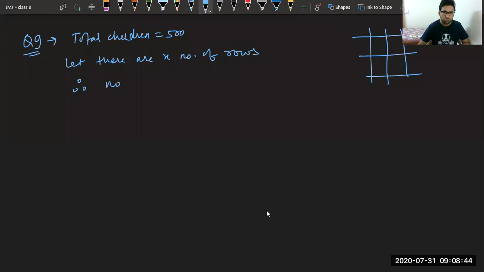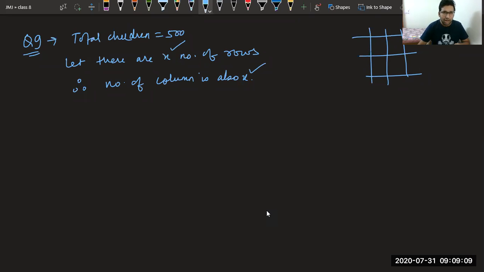Therefore, the number of columns is also x. So again I am repeating, the question is saying the PT teacher is making you stand in such a way that the number of rows is equal to the number of columns. So we have assumed the number of rows as x, therefore the number of columns is also x.